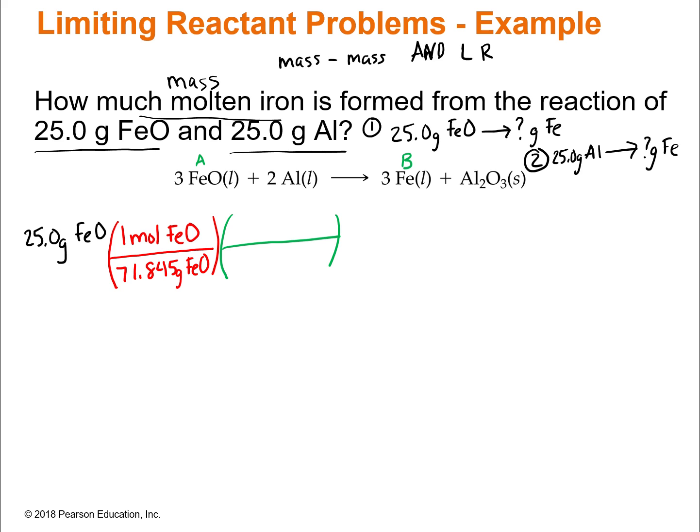It's 3 to 3. Make sure that iron is on top and the iron oxide is on the bottom. Then we use the molar mass of iron, which you just look at the periodic table.